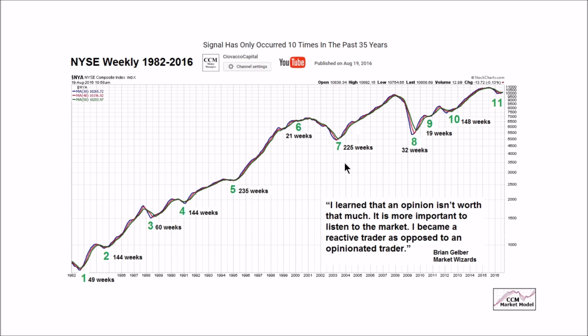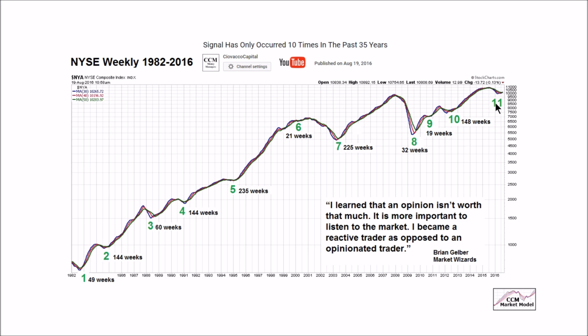The facts in hand on August 19th, 2016 helped us draw similar conclusions in that video titled "Signal Has Only Occurred 10 Times in the Past 35 Years." 1995 was one of those 10 times. After it occurred, the stock market rallied for 235 weeks.